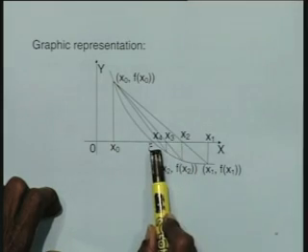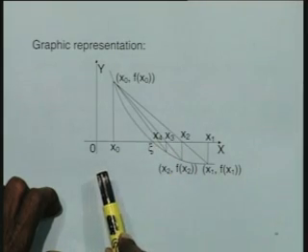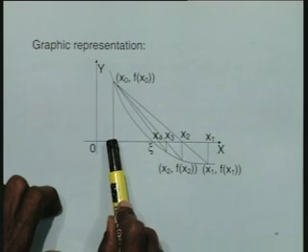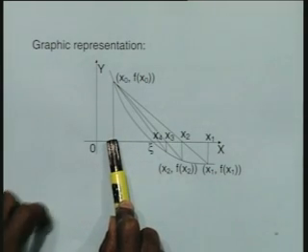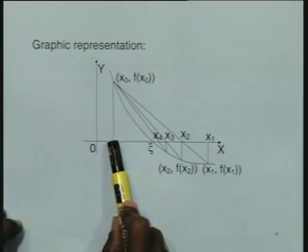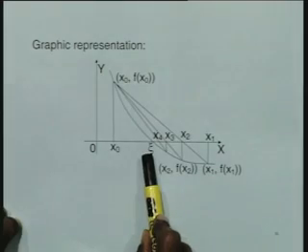This is what we meant by saying the disadvantage of the regula falsi method, that one end of the approximation is always fixed. Therefore, if you want good accuracy in regula falsi, we must have a sufficiently small interval so that the accuracy achieved is high.